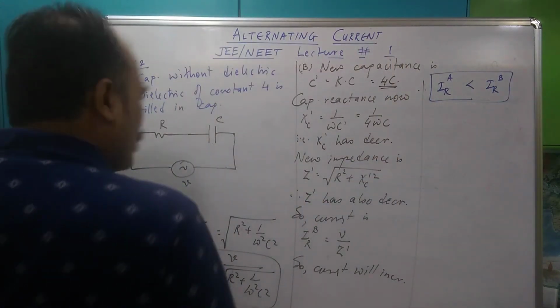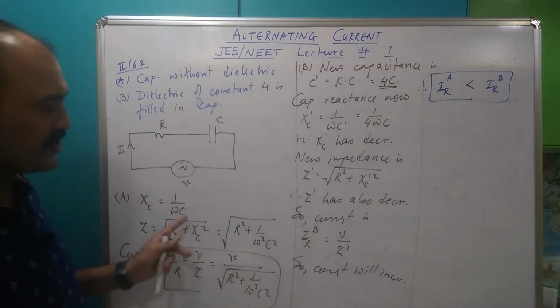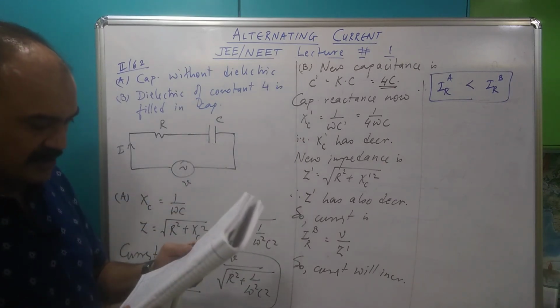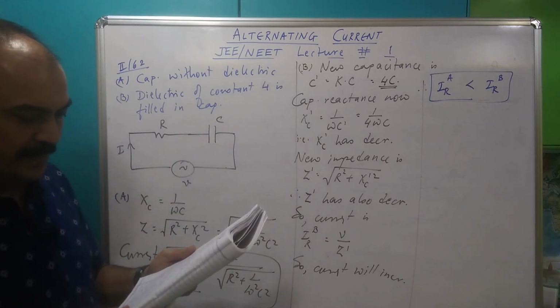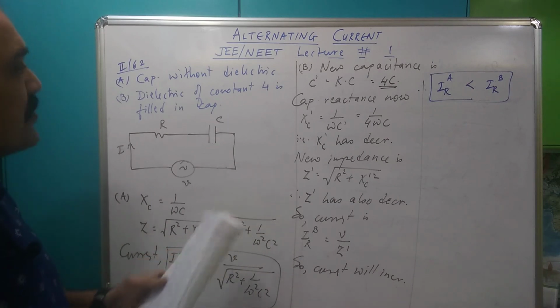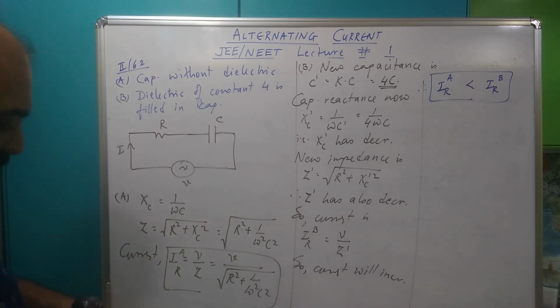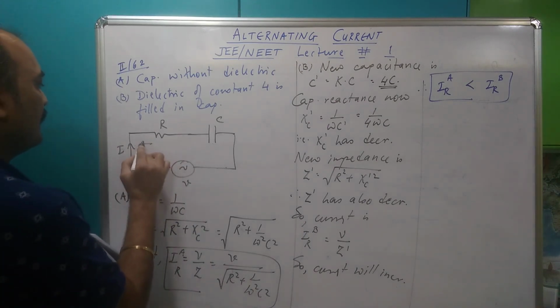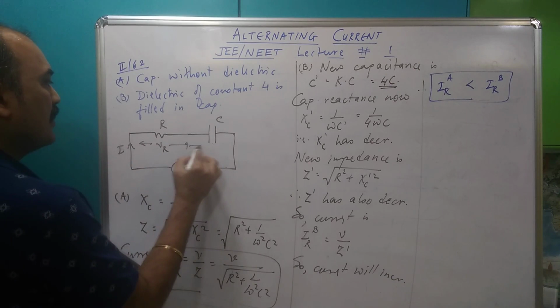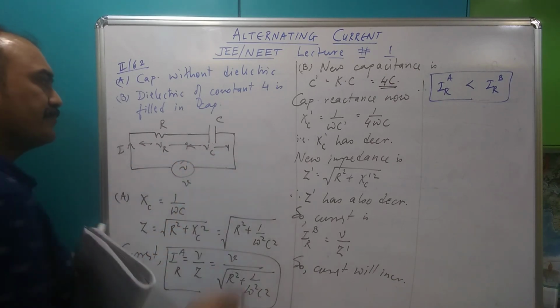Do I have one such option where the current in situation A is lesser than the current in situation B? Do I have that? Yes, I do have that. That's B. Acha, they want the voltage across the capacitor also. Now, because both are in series, this is VR and this is VC.